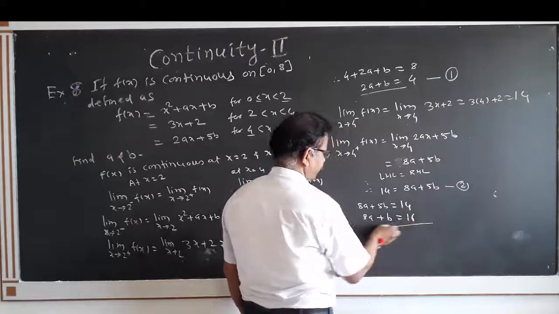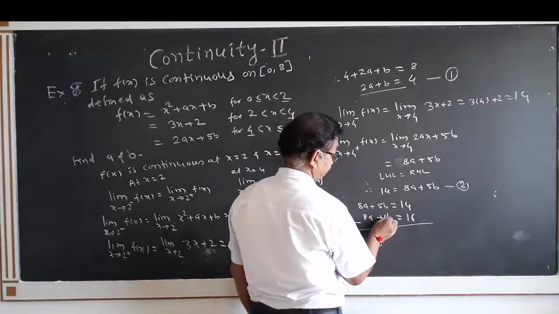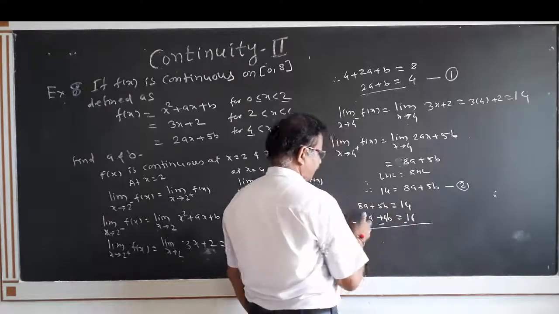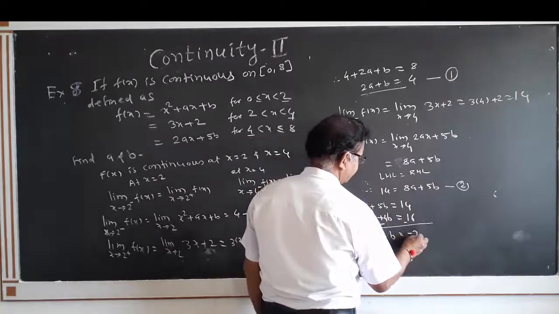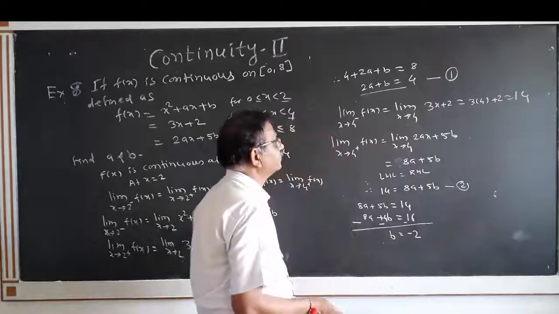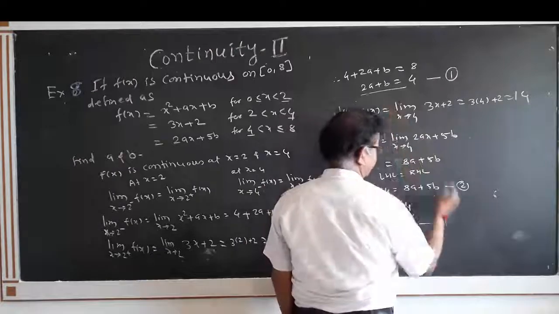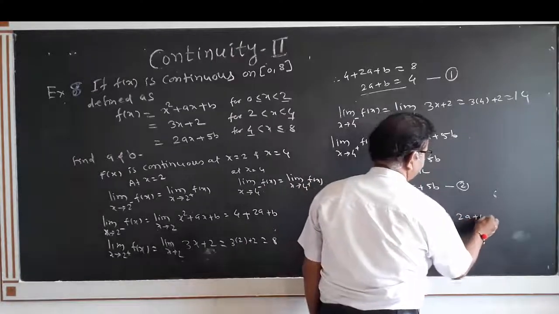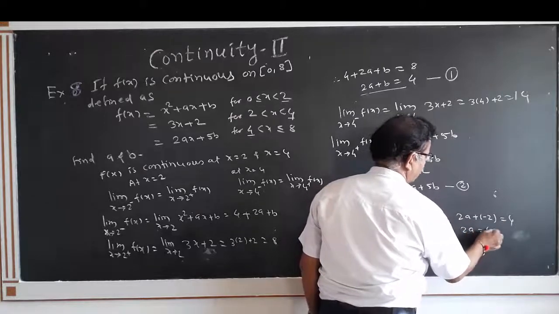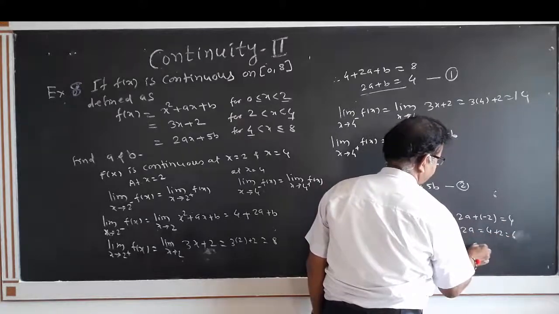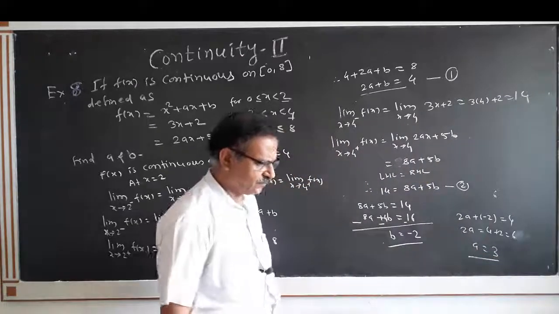Now, I shall subtract this. 8a minus 8a is 0, 5b minus 4b is b, 14 minus 16 is minus 2, so b equal to minus 2. Now I shall put b equal to minus 2 in any one equation. 2a plus b, that is minus 2, equal to 4. 2a equal to 4 plus 2 equal to 6. Therefore, a equal to 3. Thus, a equal to 3 and b equal to minus 2.